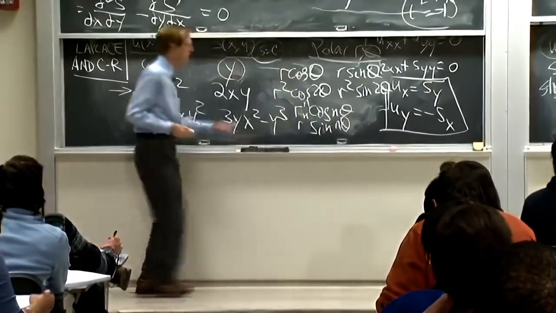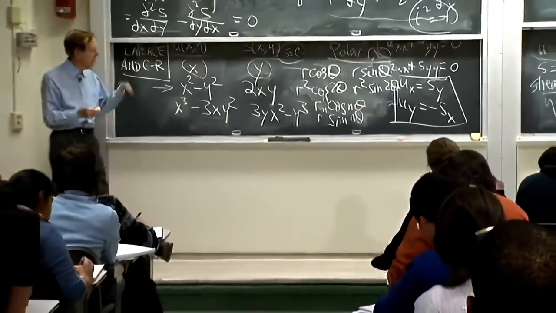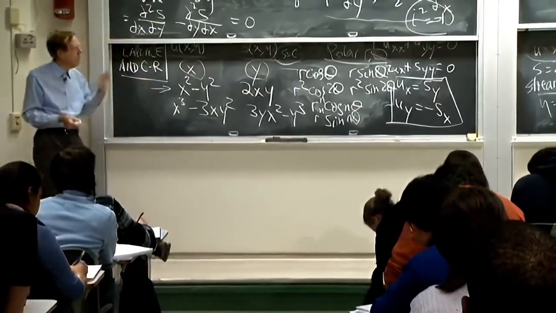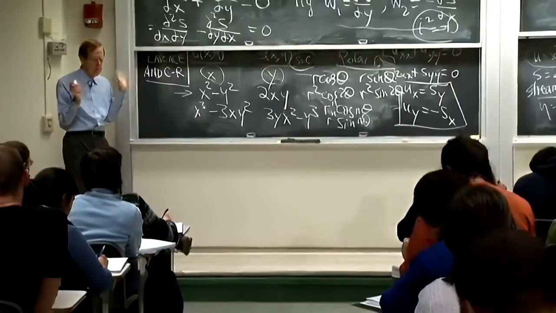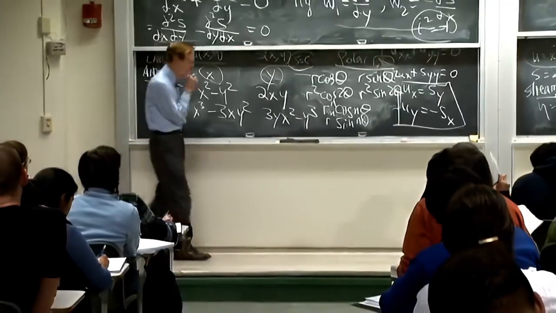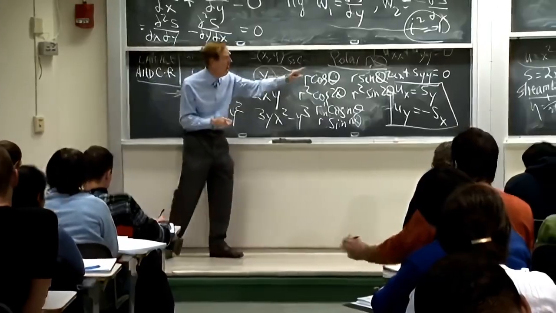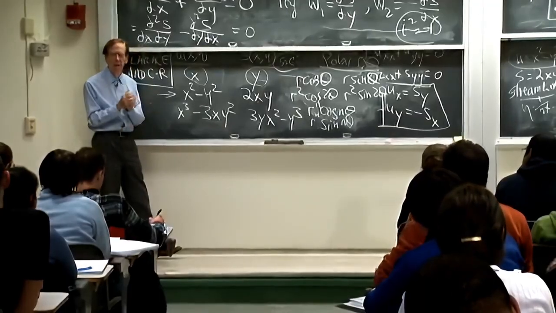So those are the twins, the u and the s, that we get if we use polar coordinates. So that's just terrific. Now we have a whole lot of solutions to Laplace's equation, and we have, don't forget, all combinations of them, and we're really ready to go.